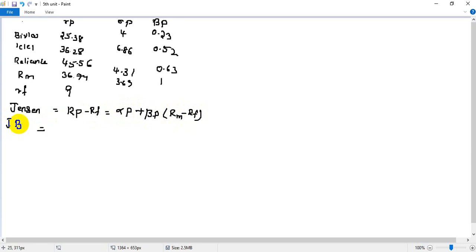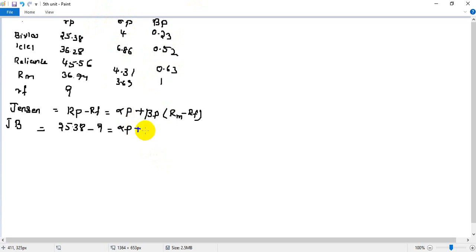RP is 25.38 for Birla, minus RF, given as 9, is equal to alpha P. Students get confused, you should not take the standard deviation of P at all in this question. It is just there to confuse. Alpha P is different, standard deviation of P is different, so you should never take it in that place.